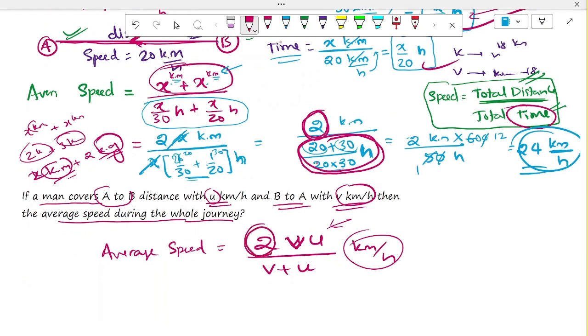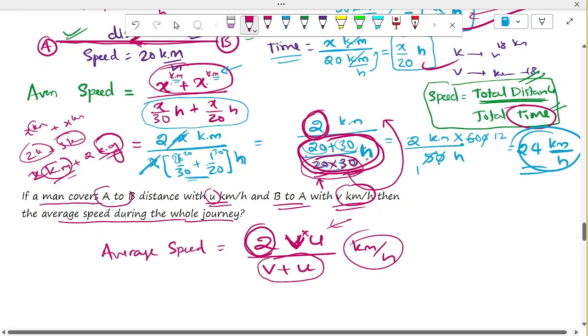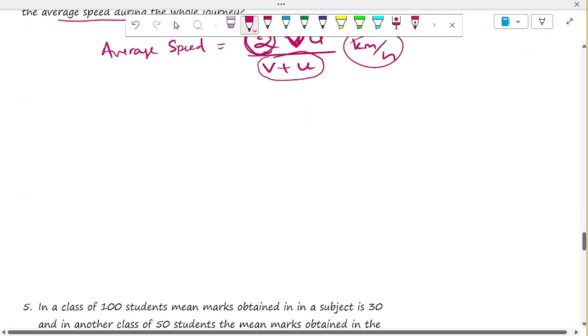And you see this 20 into 30, 20 is nothing but the speed when he is traveling from B to A, and 30 is the speed when he was traveling from A to B. These both are in the denominator of the denominator, so they will go on the numerator. So the speeds are multiplied on the top, V into U, and here speeds are added, V plus U. So we'll use this formula and find out.